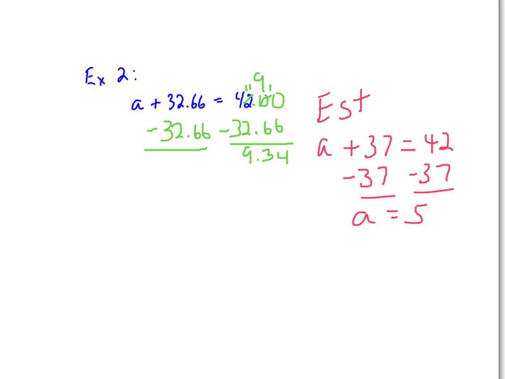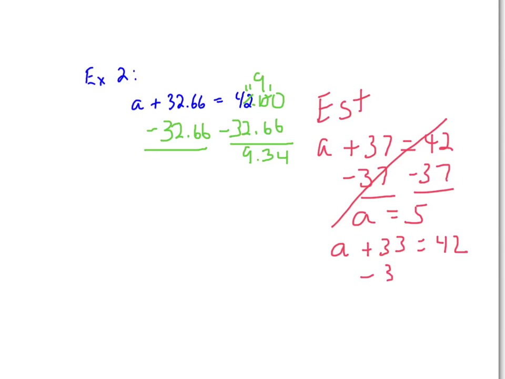So this is a case, actually, as I'm getting my solution here, it looks like I've made a mistake in my estimate, so that happens. So let me go back and change this. I'm just going to put a line through that. So my estimate is actually flawed. I needed to really say a plus 33 equals 42.